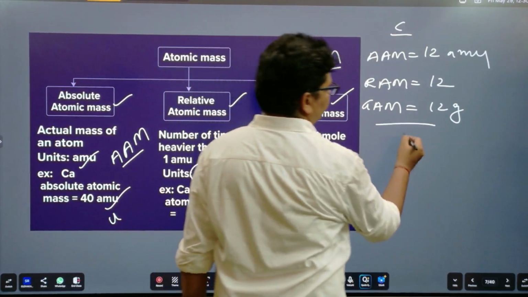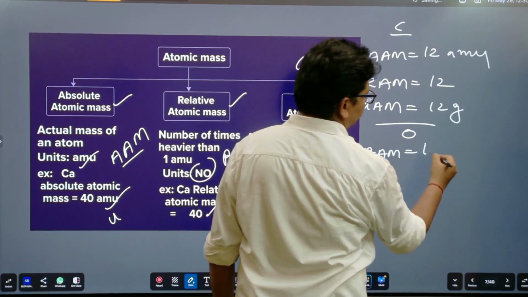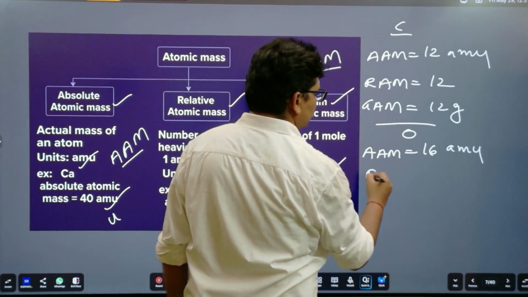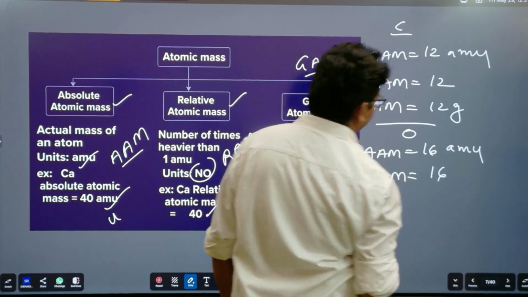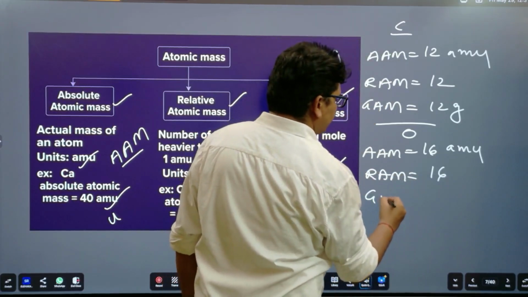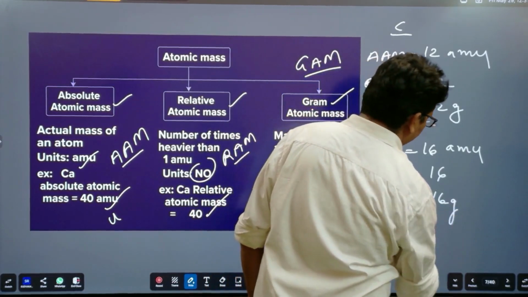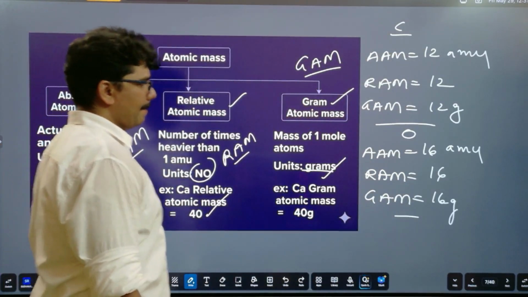Similarly, take oxygen. Absolute atomic mass of oxygen, 16 AMU. Relative atomic mass of oxygen, 16. And gram atomic mass of oxygen, 16 grams. So this is the difference between different atomic masses.